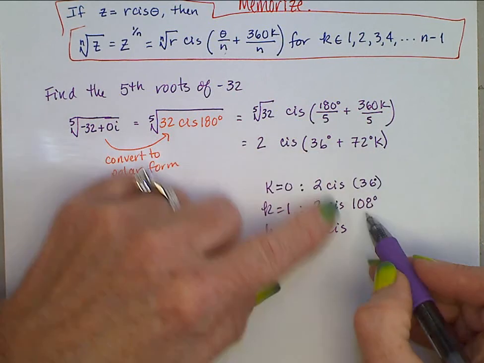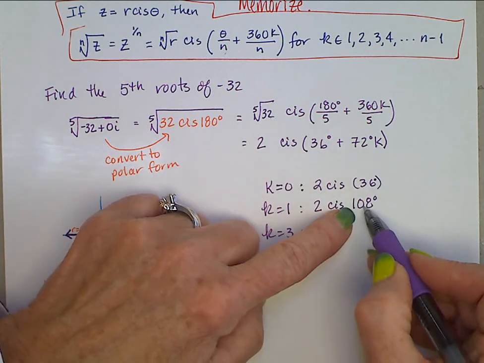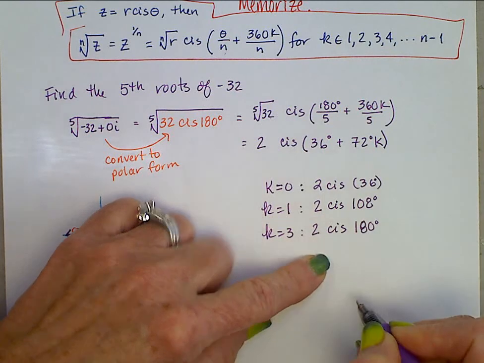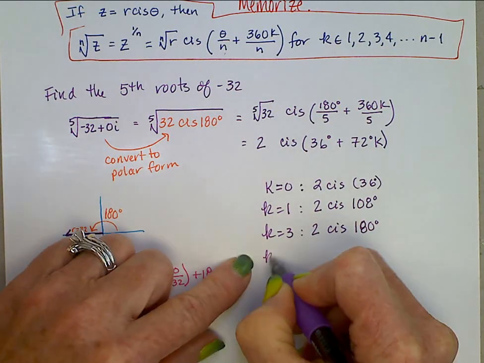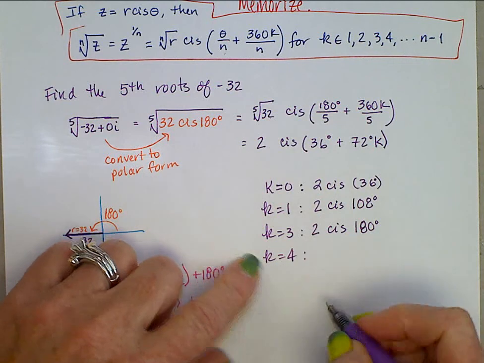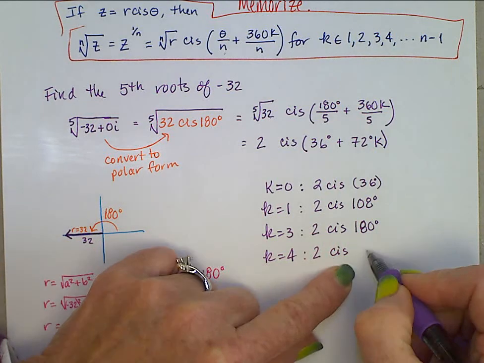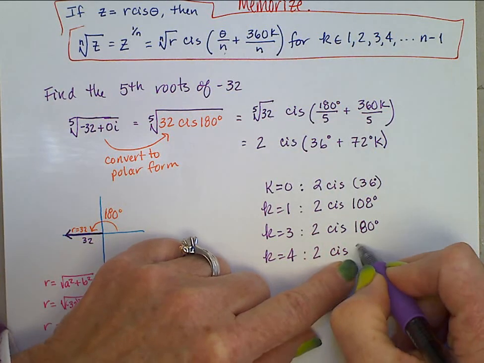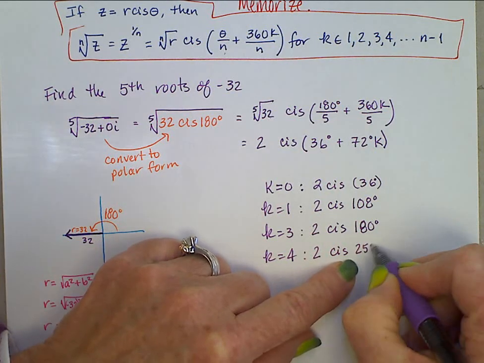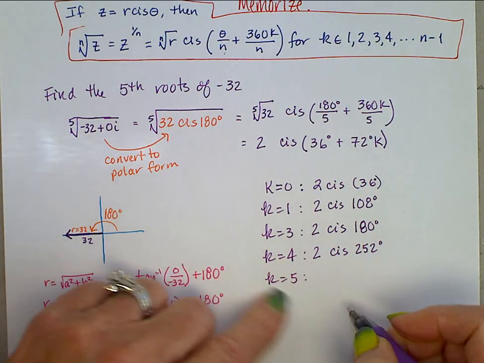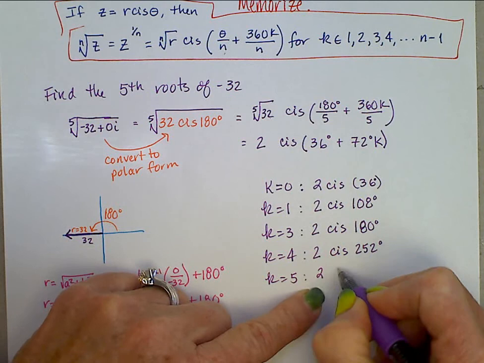Or just adding on another 72 onto this one, that's 180. If k is 4, here's 2 cis. We're just adding on another 72, so that would be 252. If k is 5, we have 2 cis.